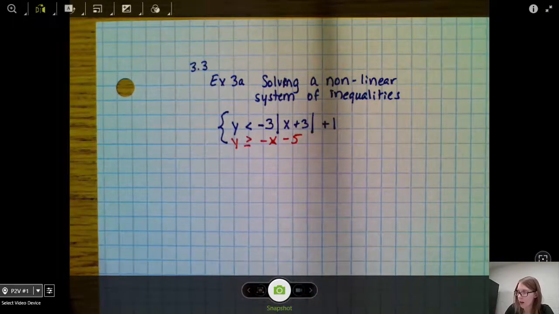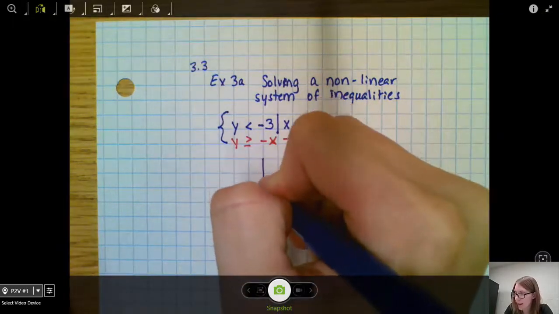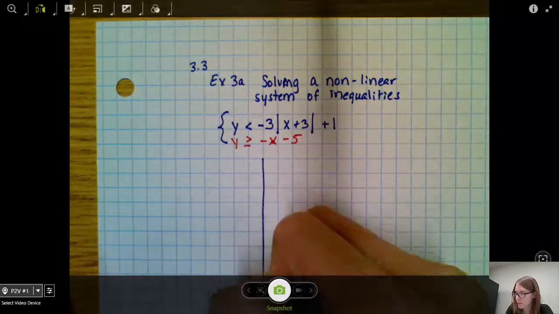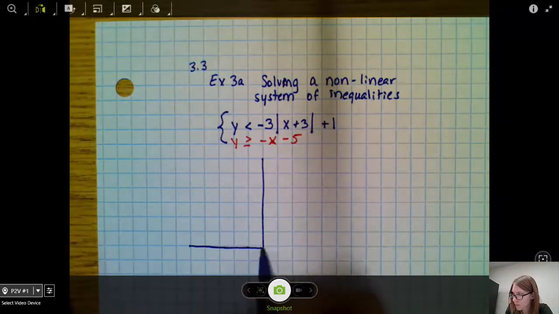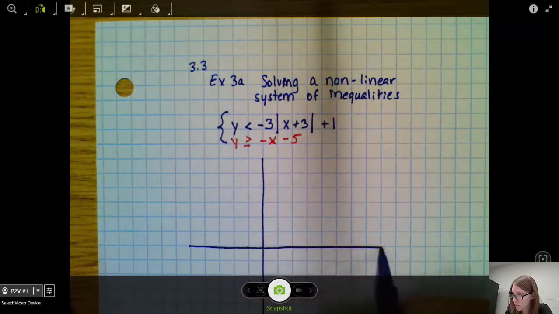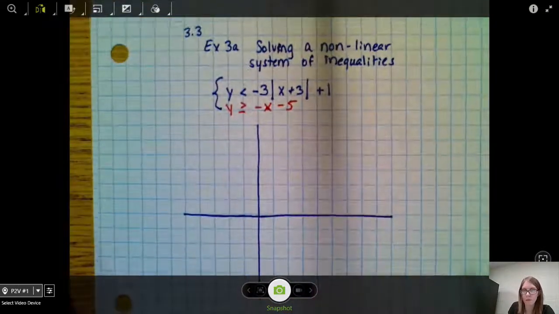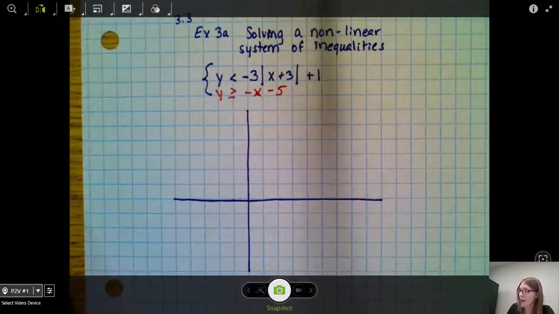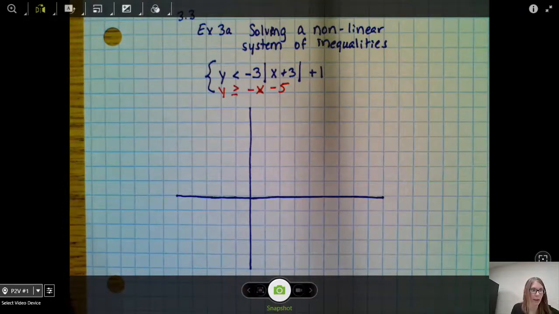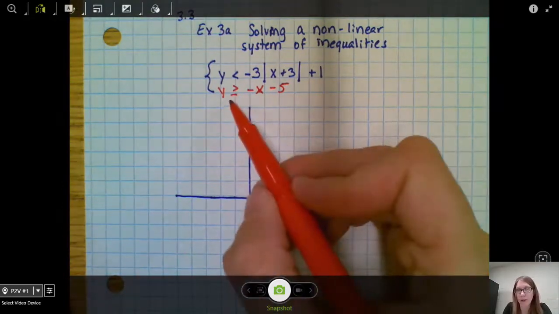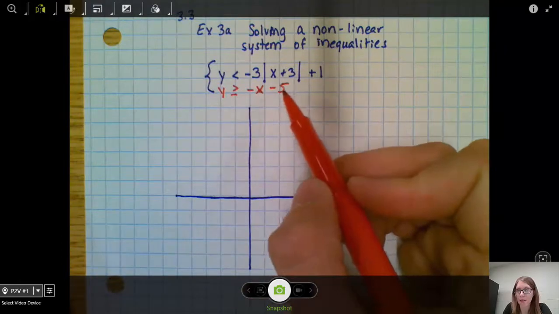First thing, I'm going to draw in my x and my y axis. And I'm actually going to start off graphing our linear function here, just because that's a little bit easier to work with. y is greater than or equal to -x minus 5.